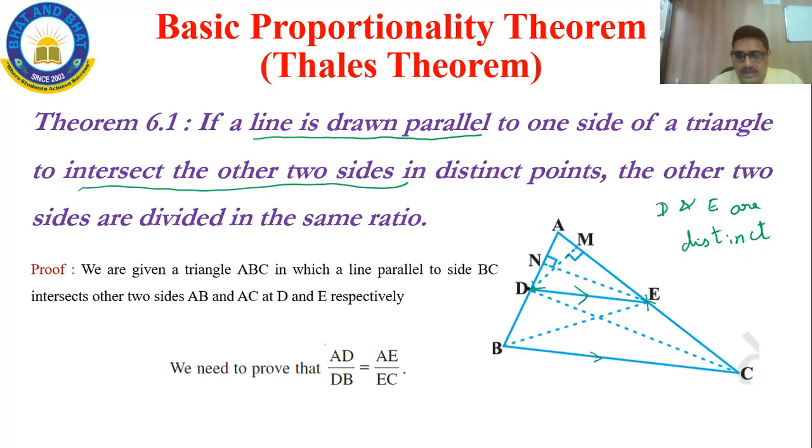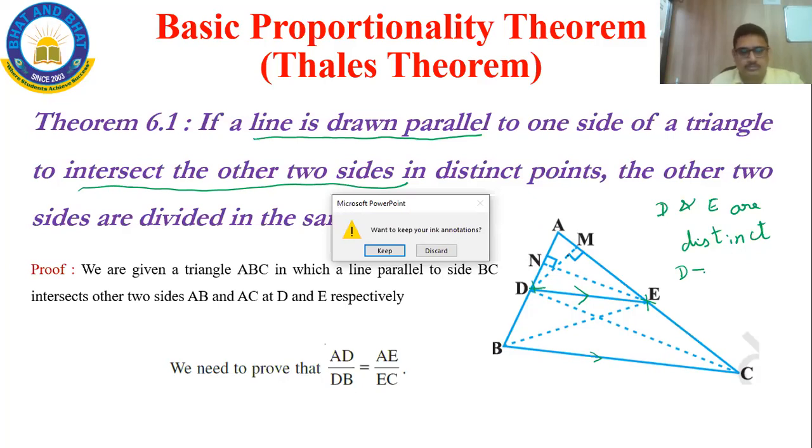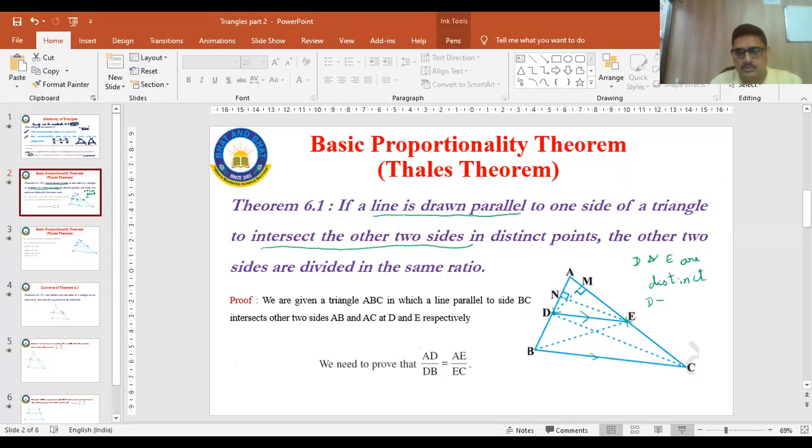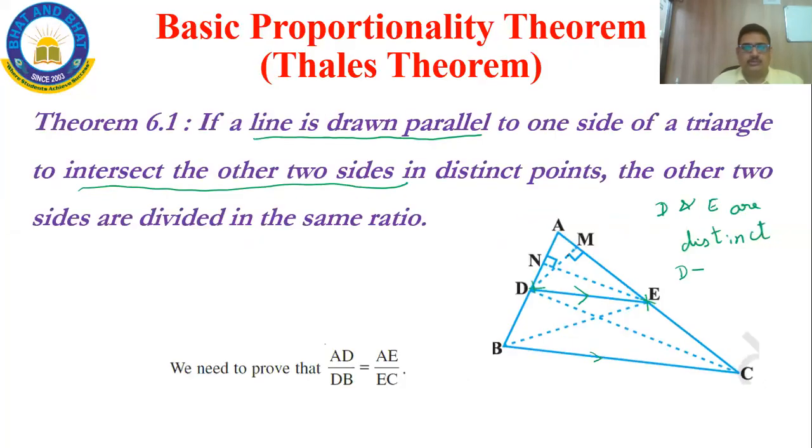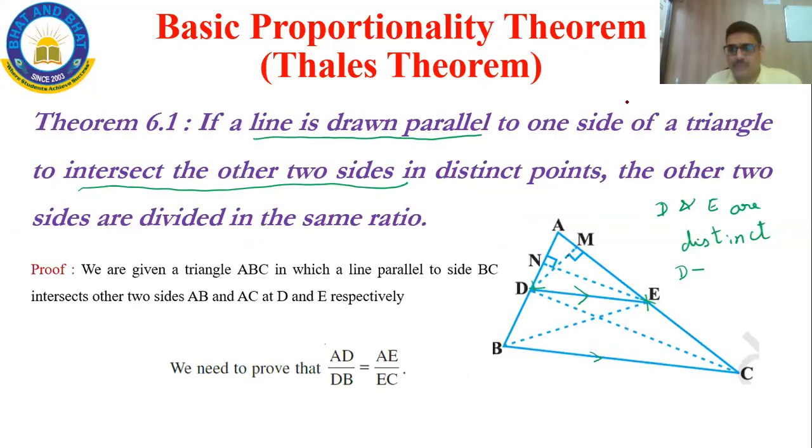That means D is dividing AB. Because of intersection at D, I am getting parts AD and DB.